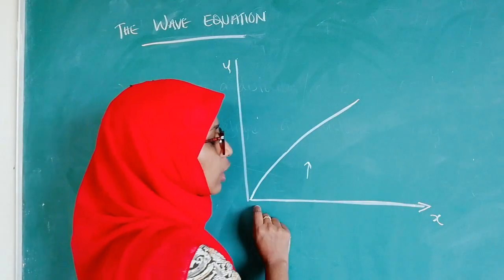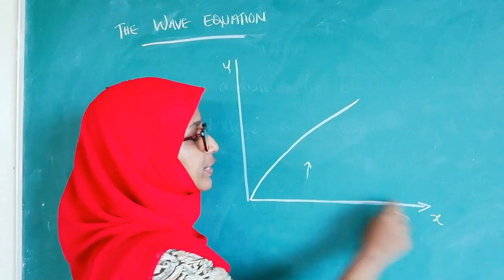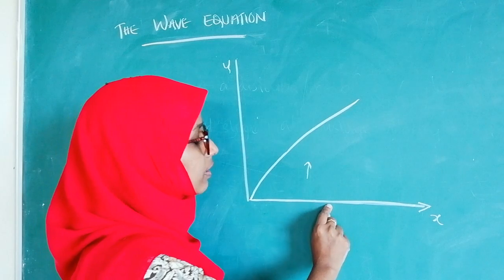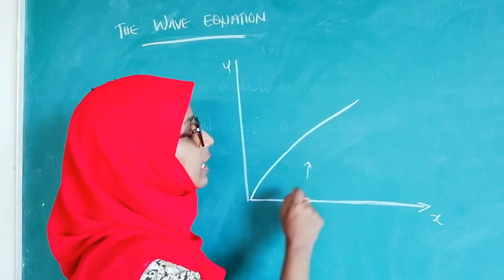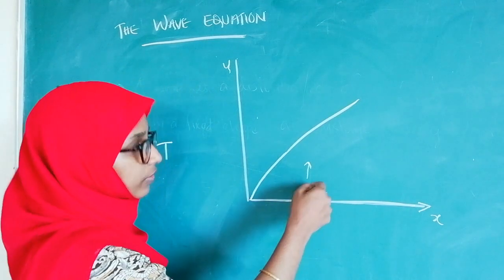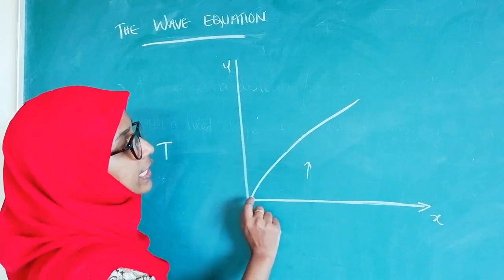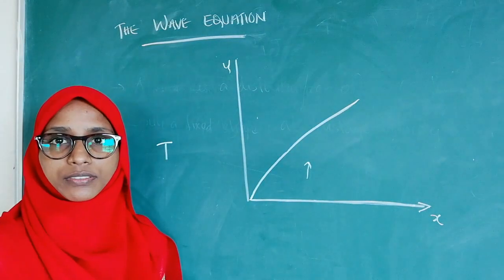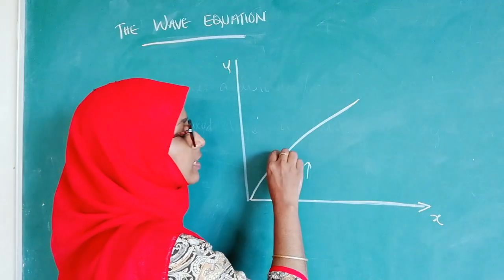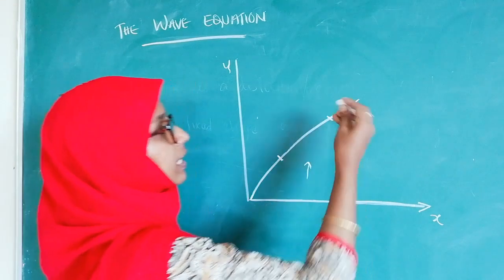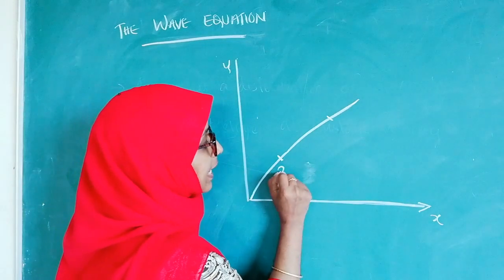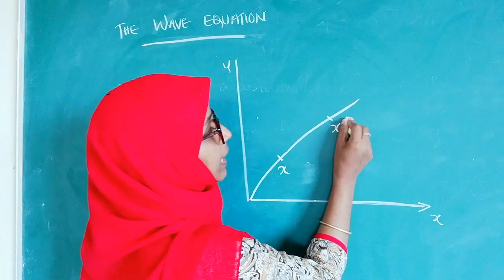We are considering a long string which is held by a tension T, coinciding with the x-axis, and I am plucking a portion along the y direction, and it will have a transverse motion along the y direction. Now I am going to consider a segment along this string, and I am going to name its ends x and x prime.